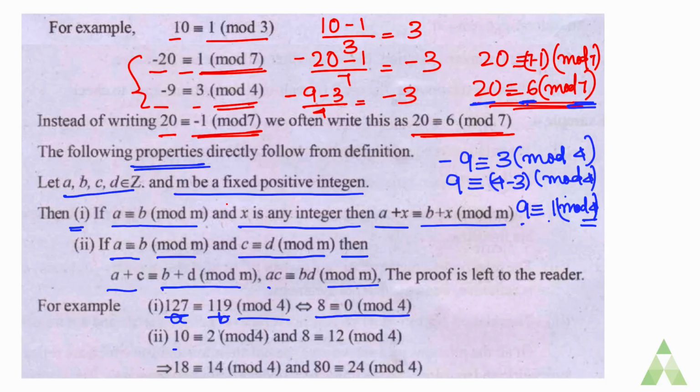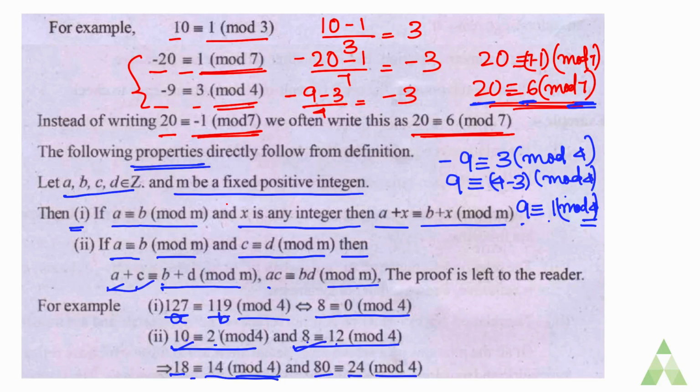Similarly, if 10 is equivalent to 2 modulo 4 and 8 is equivalent to 12 modulo 4, then 10 plus 8, that is A plus C, 18, is equivalent to B plus D, 2 plus 12, 14, modulo 4. And 10 into 8, 80, is equivalent to 24 modulo 4.